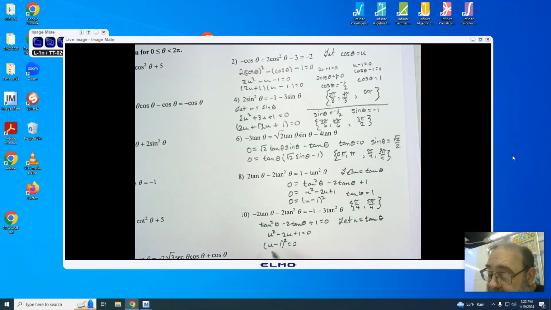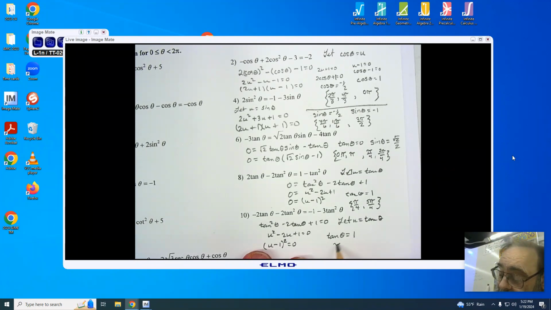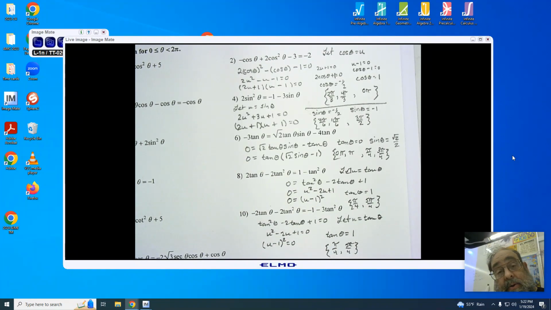When I put tangent in and solve, I end up with the tangent of theta equaling positive 1, and we know that that is once again in the first quadrant and the third quadrant, and we get our answers again, pi over 4 and 5 pi over 4. And we now have number 10 done. This brings me to number 12.